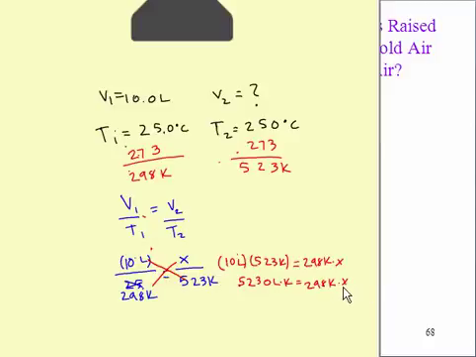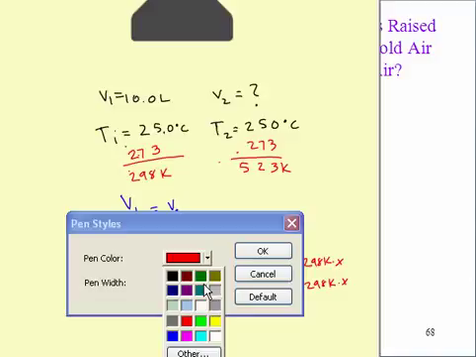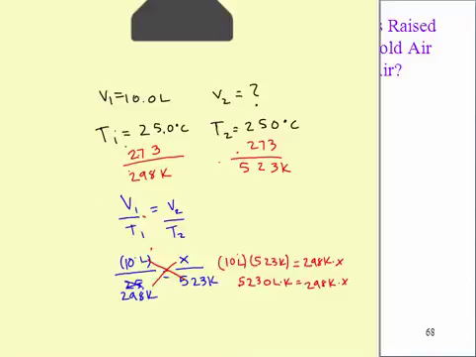Since this is my unknown, I want to divide both sides by 298. So I'll use a different colored pen so you can keep track. Okay, so I'm going to divide by 298 Kelvin and the other side by 298 Kelvin. And my Kelvins cancel out.